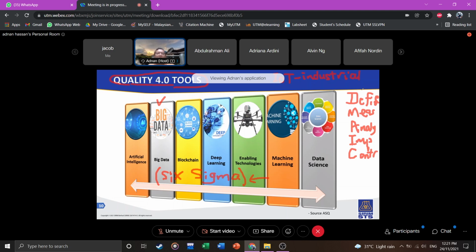So what we have seen so far is assuming data already available, and then you analyze those data. But before data comes, it is also concerned with the hardware of the quality, the hardware part. So we look at a bigger perspective now, quality related to big data. So when we have big data, we need to know what are the technologies in big data.